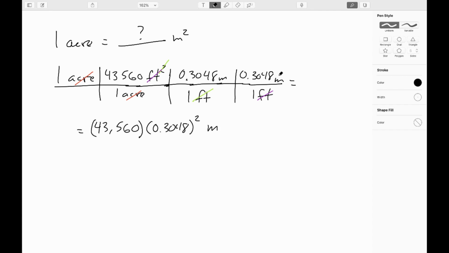We've got meters times meters here, so that's going to be meters squared. So this works out to be 4,046.86 square meters. And probably you shouldn't go as ridiculous as I did with the significant figures, but hey.